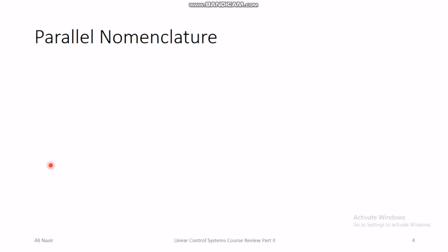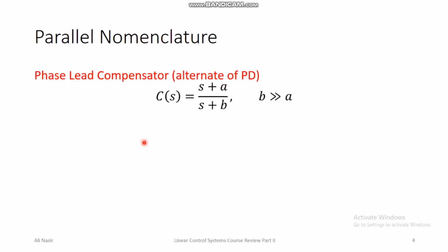Then there is some parallel nomenclature for the controllers. Phase lead compensator, which is an equivalent or alternate of the PD controller. In this controller there is a pole and a zero. So the pole is leading the zero in the left half plane.